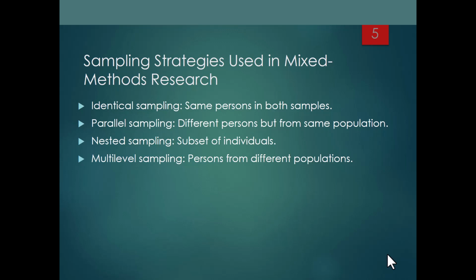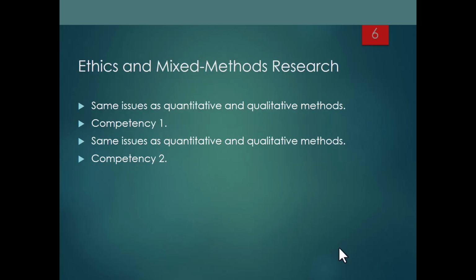For multi-level sampling, you would select individuals from different populations for the qualitative and quantitative samples. For example, after an intervention, each participant is asked to fill out a post-test questionnaire and survey, quantitative data, and the staff are then interviewed for the qualitative data to determine the facilitators and barriers to implementation of the intervention.